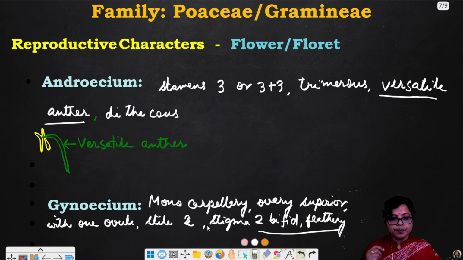Okay. So bifid feathery stigma helps to trap the pollen grain, and the versatile anther helps to swing the stamen in the air, again helps in air pollination. Pollination by air.